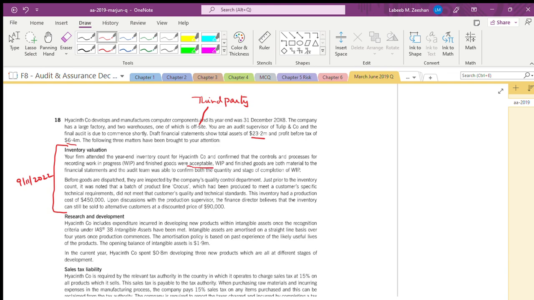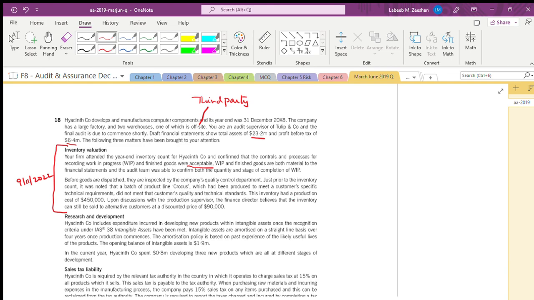Both are material to the financial statements, material meaning in terms of value. The audit team was able to confirm both the quantity and stage of completion of work in progress. Before goods are dispatched, they are inspected by the company's quality control department.